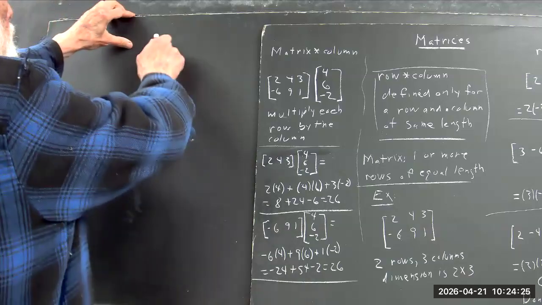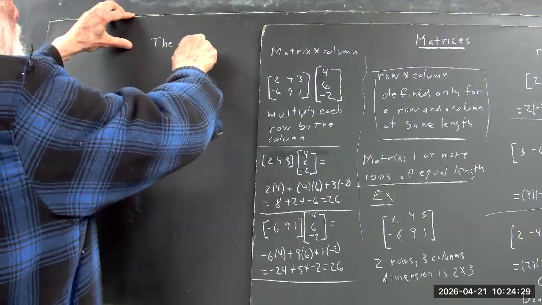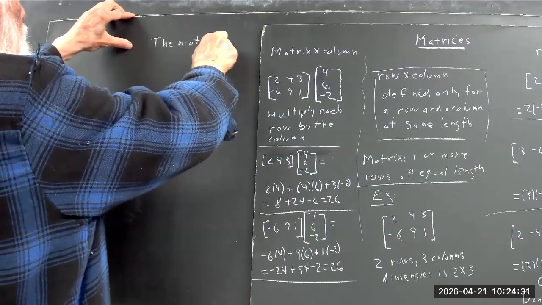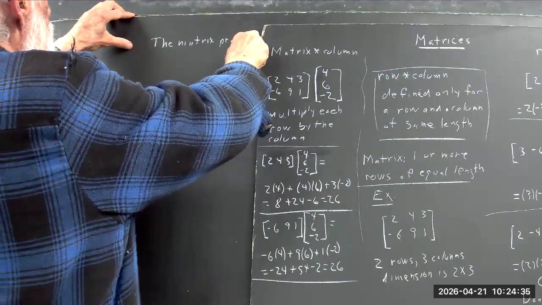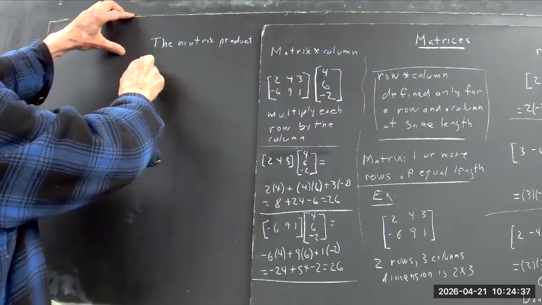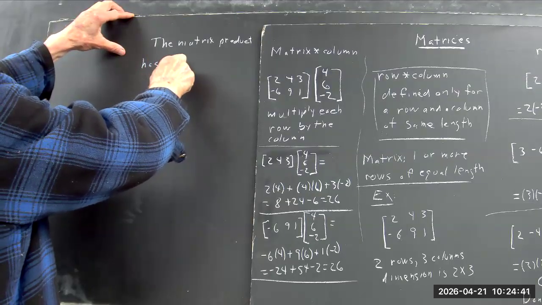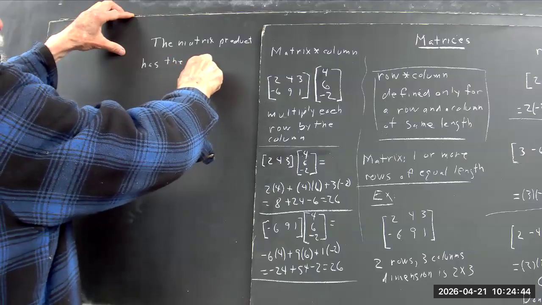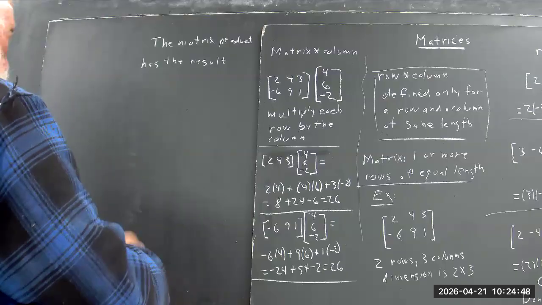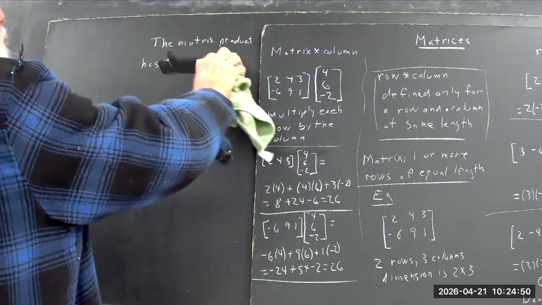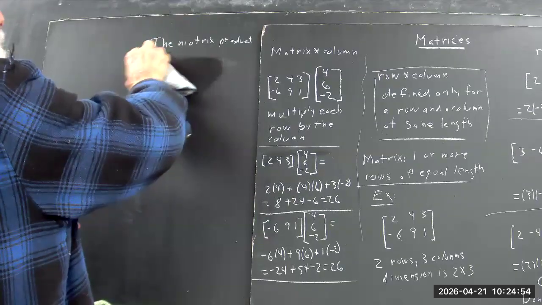The matrix product, I say has the result, and I've got to backtrack and say is a matrix.